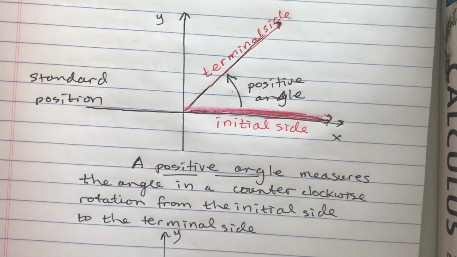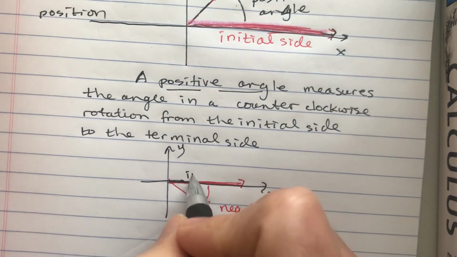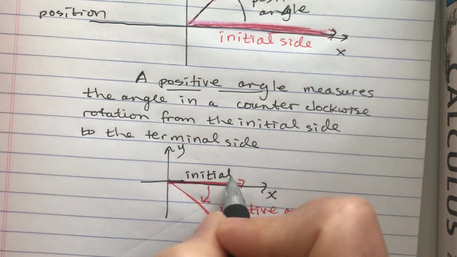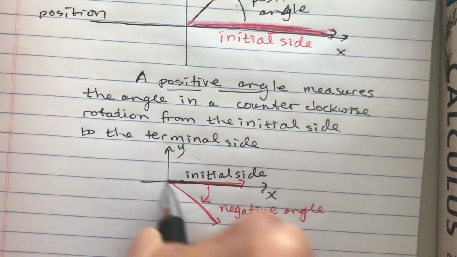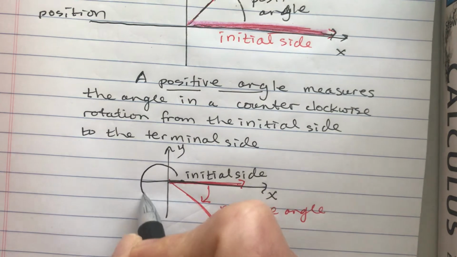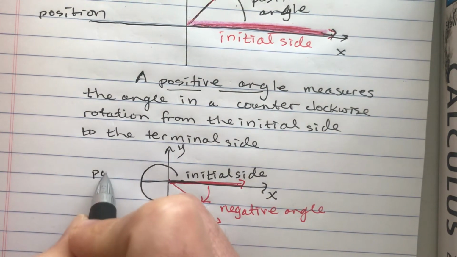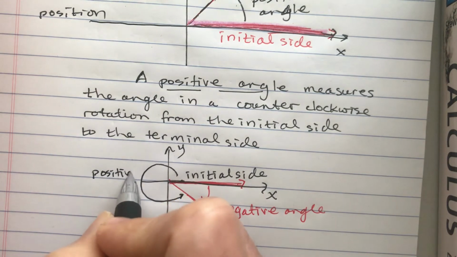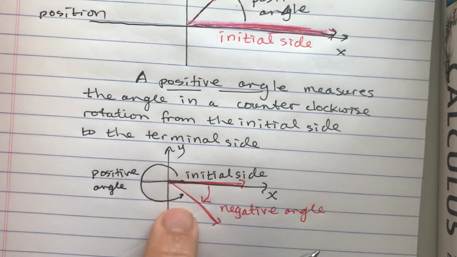And okay, so let's just look at this one. So see what you're starting off with. Here's the initial side. And if you go around in a counterclockwise rotation, then you're going to get a positive number.